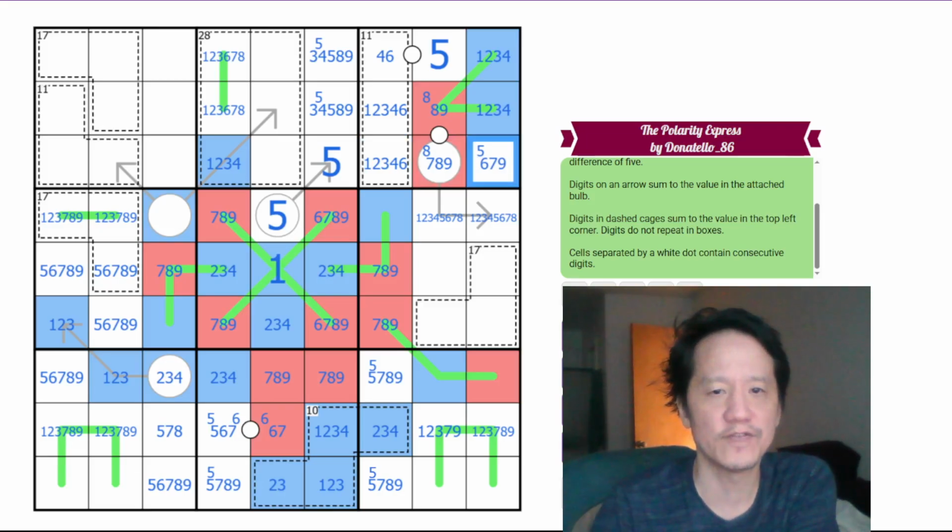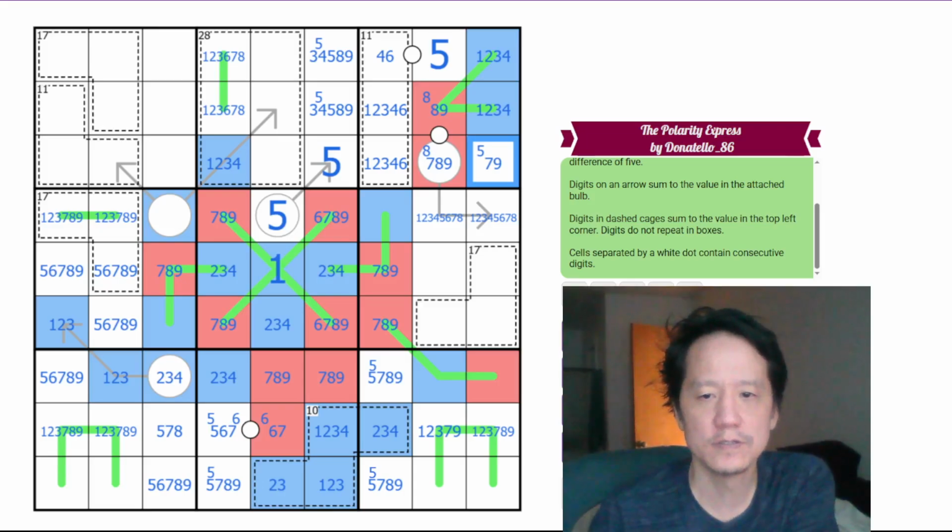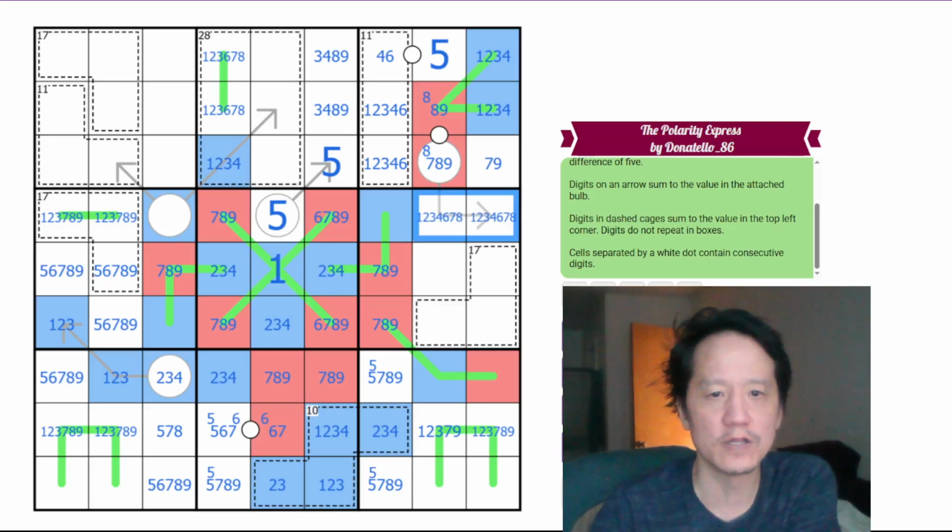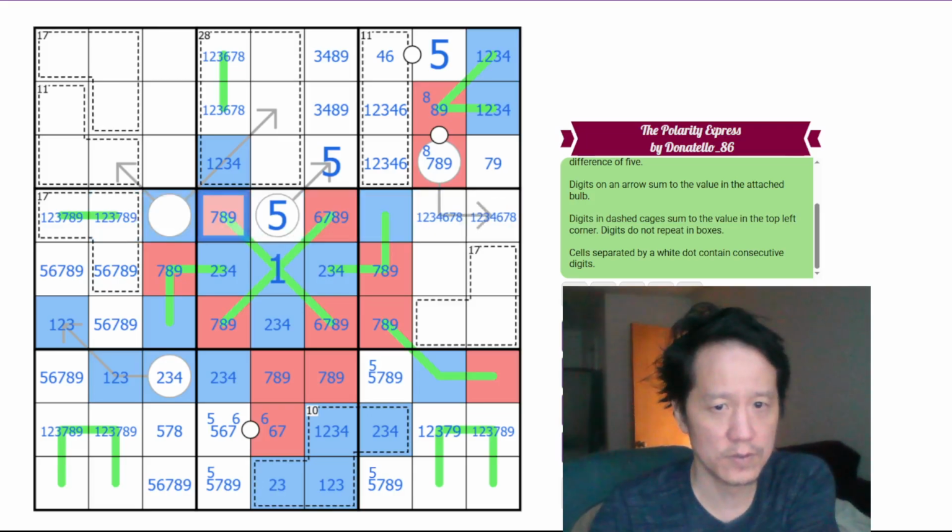So this can't be 5 or 6. This is a 5. None of these are 5s. This then must be a low with a high digit.